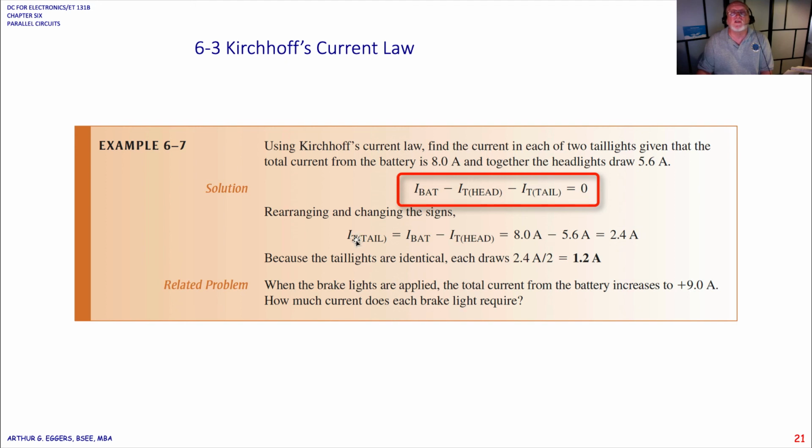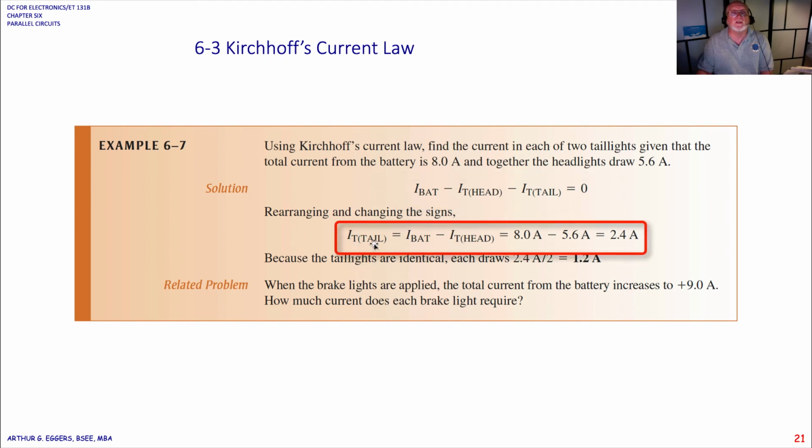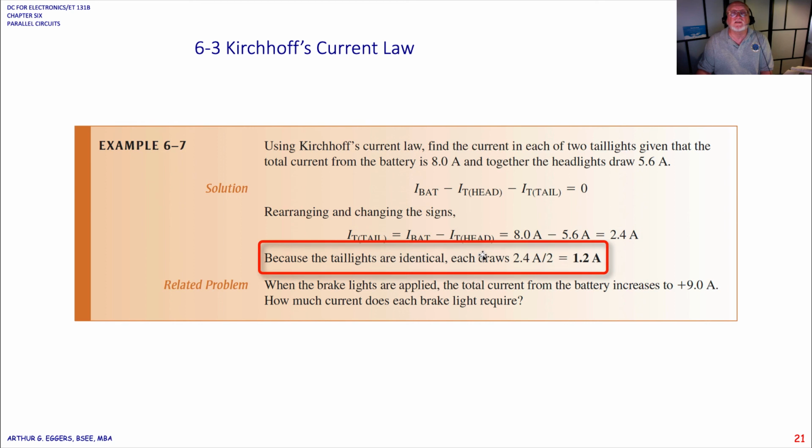So we can solve for I total tail, which is equal to the current of the battery minus the current total at the head. Using the 8 amps that was given minus 5.6 gives us 2.5 amps of current at the tail. Because the tail lights are identical, each of them draws 2.5 divided by 2, or 1.2 amps of current.